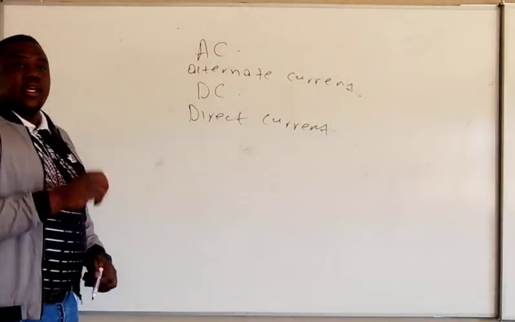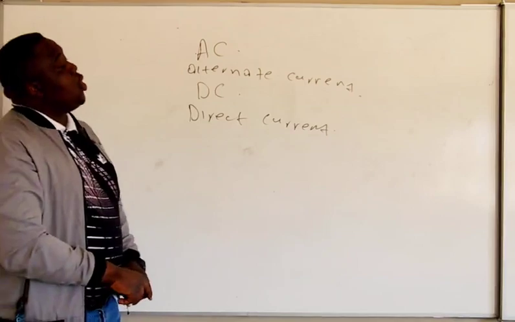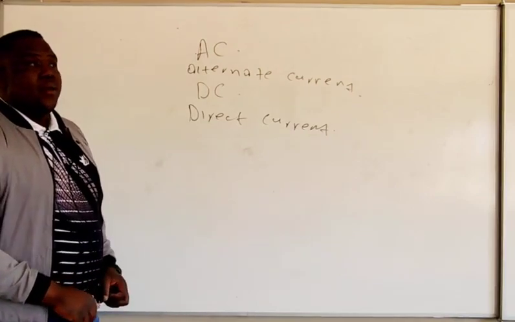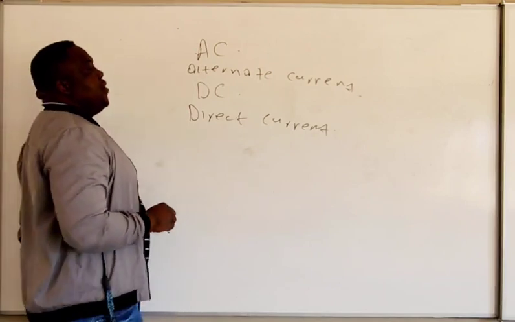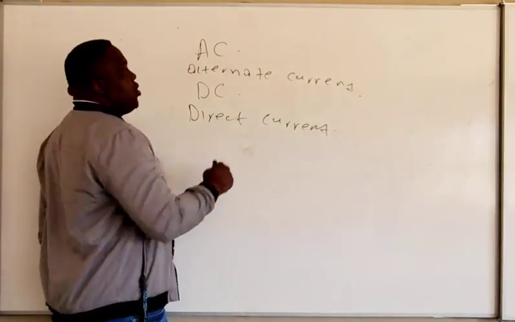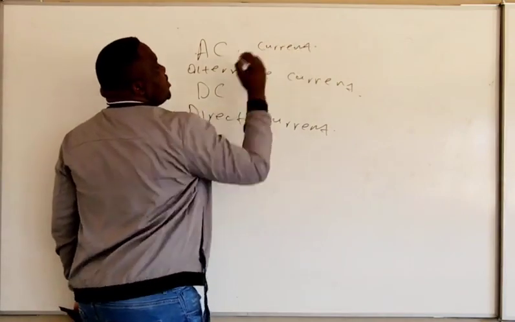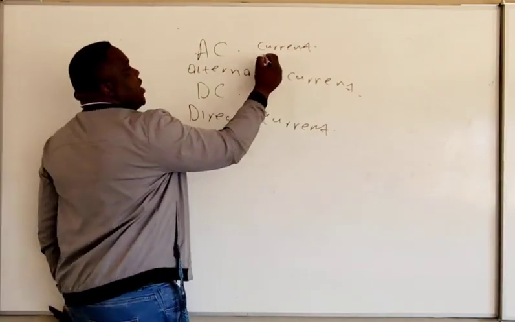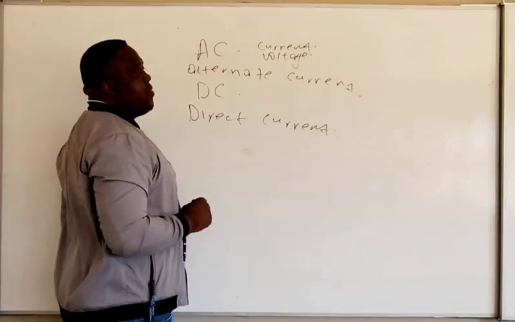So, in this lesson, I'm going to put much more emphasis on two types of graph. For AC, we're going to draw a graph of current plotted against time and voltage plotted against time.